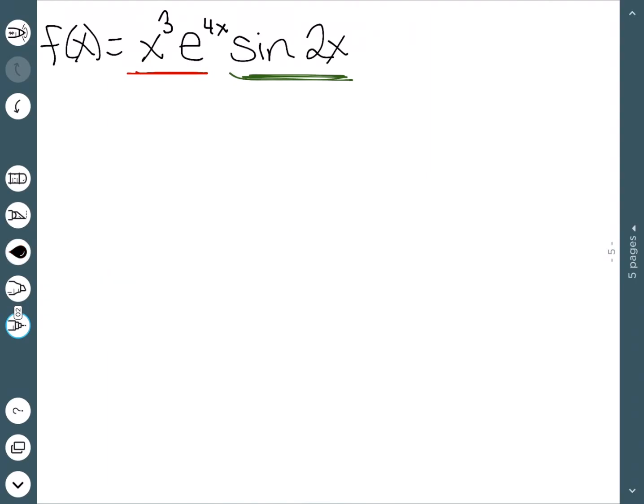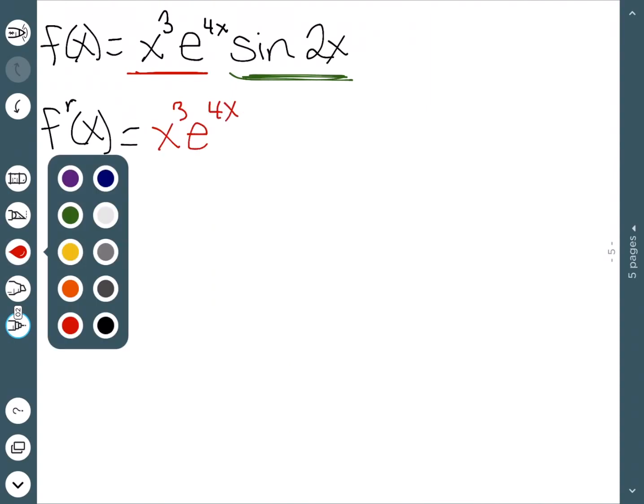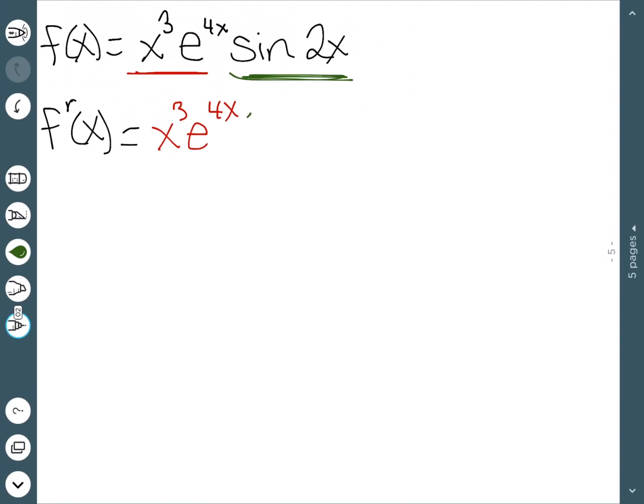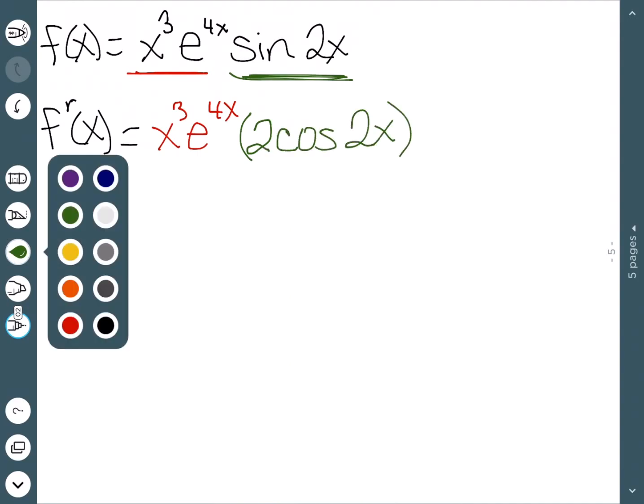So our derivative says we write down the first function, x cubed e to the 4x, and then we multiply by the derivative of the second function. When we have sine and cosine, we need to move the 2 out, and the derivative of sine is cosine.